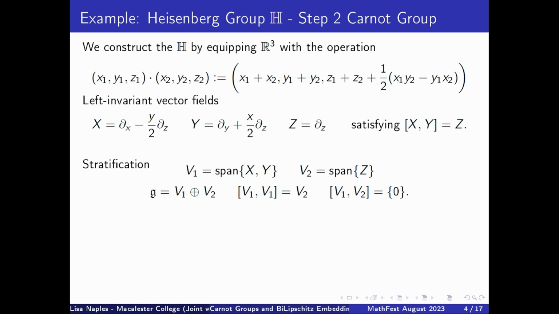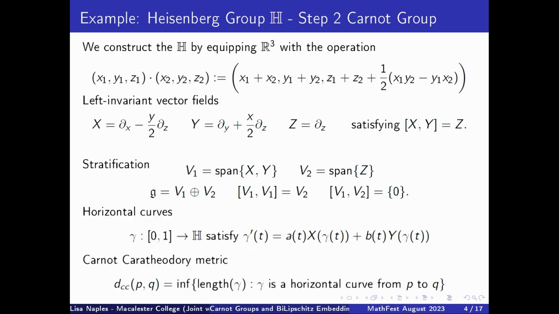And below that are the properties in our definition of Carnot group. And then if we talk about horizontal curves or our geodesics for our group, these are going to be curves gamma going from 0, 1 into the Heisenberg group, where the derivative is a linear combination of x and y, and then there's the Carnot-Carathéodory metric for us.